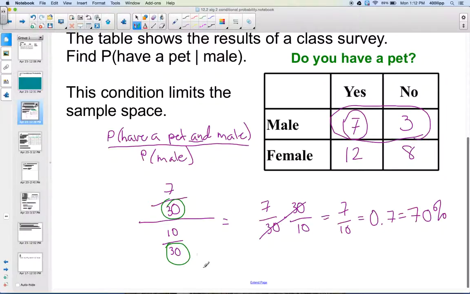This is actually called a complex fraction, and if the denominators are the same, you just drop them. So the probability that they have a pet given they are male: we look at where it is both. The probability that they're male and have a pet is 7, divided by the number of males. The given part is always going to be our denominator.